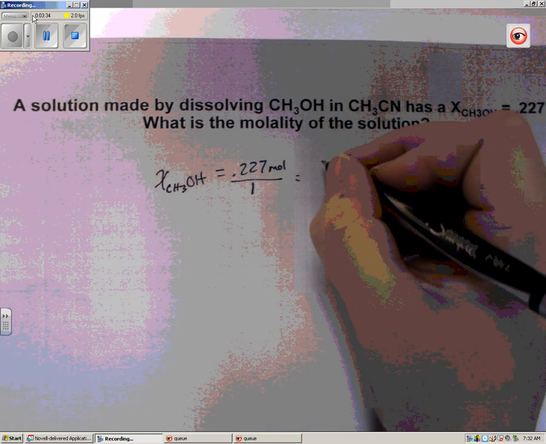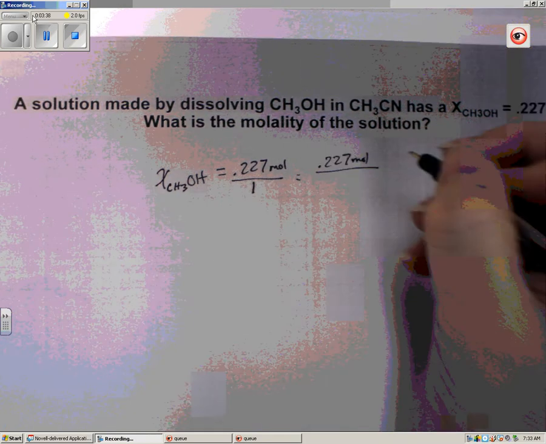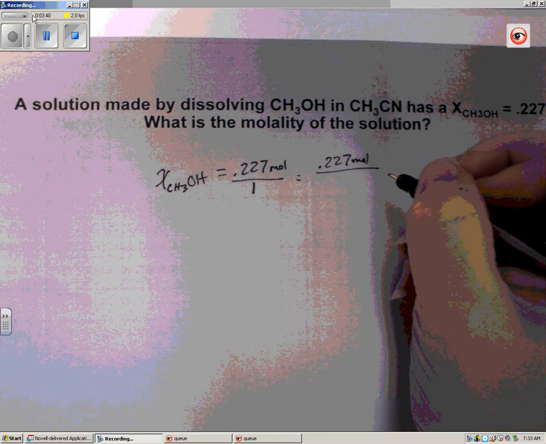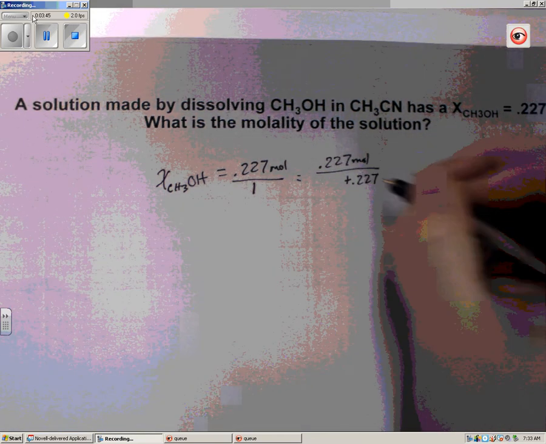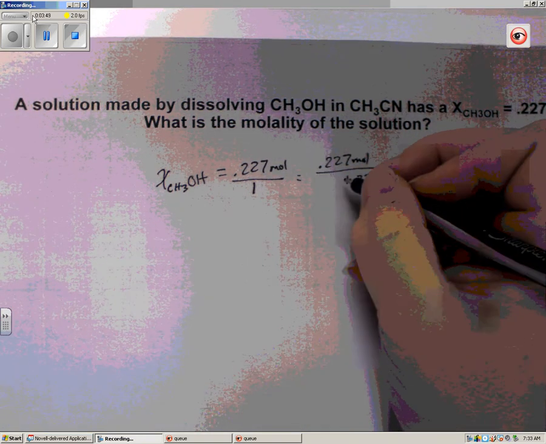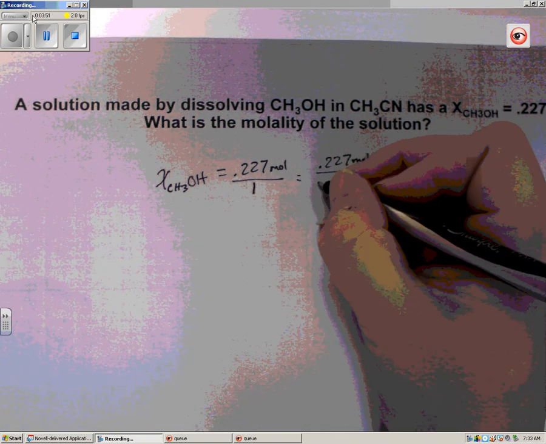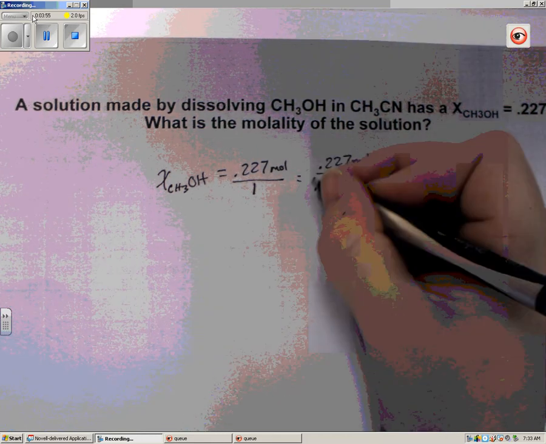So that's going to be equal to 0.227 moles. Now we know the total moles is going to equal 1. I know part of it is that 0.227. The other part that has to equal 1 is the amount of the moles of our solvent. And in this case, 0.773 added to 0.227 gives us 1.